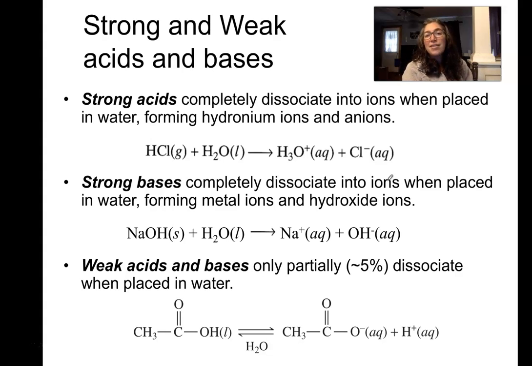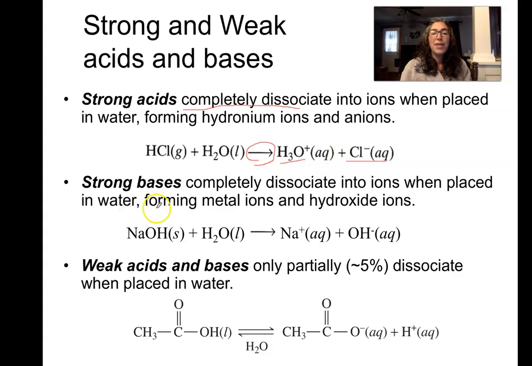So strong acids are ones that completely dissociate, completely being the key word for strong acids and strong electrolytes. They completely dissociate, so they have that one-way arrow, and all of the HCl will dissociate into hydronium ions and chloride ions.